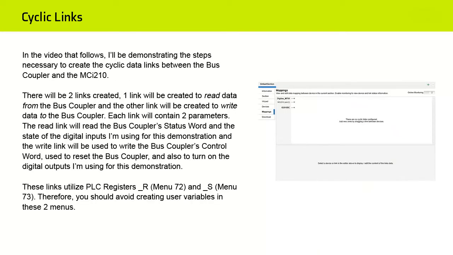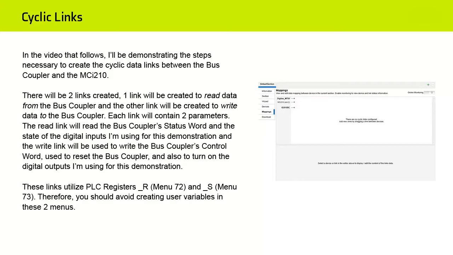In the video that follows, I'll be demonstrating the steps necessary to create the cyclic data links between the bus coupler and the MCi210. There will be 2 links created. One link will be created to read data from the bus coupler, and the other link will be created to write data to the bus coupler. Each link will contain 2 parameters.